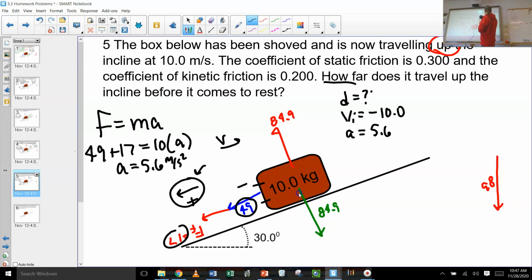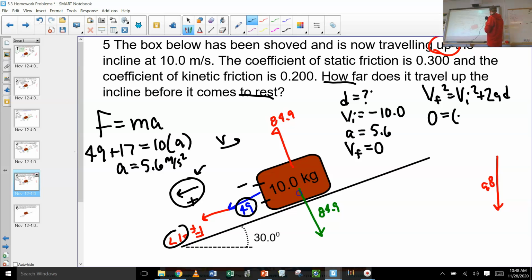How far? Okay, I gotta have one more thing before it comes to rest. So my final velocity is 0. I'm going to plug it into the equation that doesn't have time. So that's VF squared equals VI squared plus 2AD. Final velocity, 0.